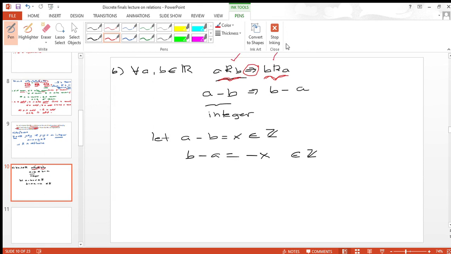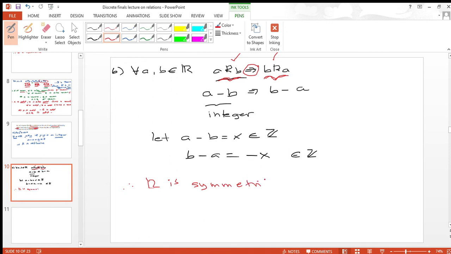And what is the open sentence? A R B means A minus B is an integer. When you take B R A, an integer should also come out. And this is an integer, therefore we can now conclude that R is symmetric.